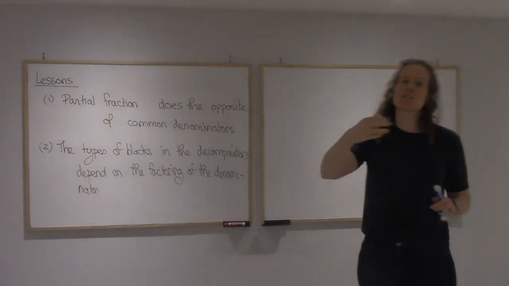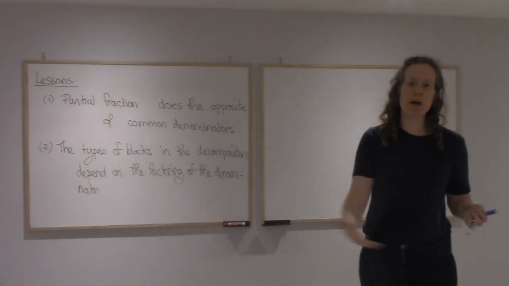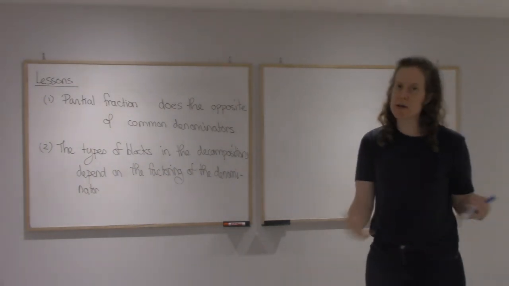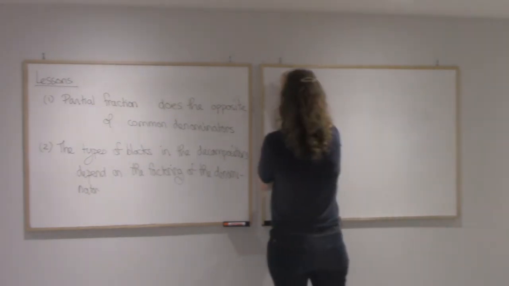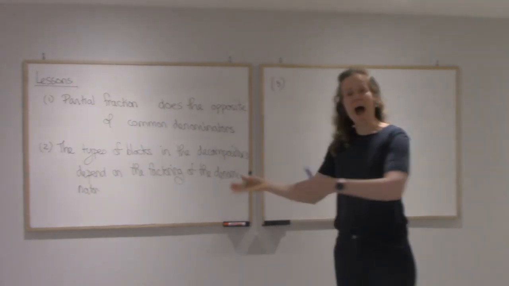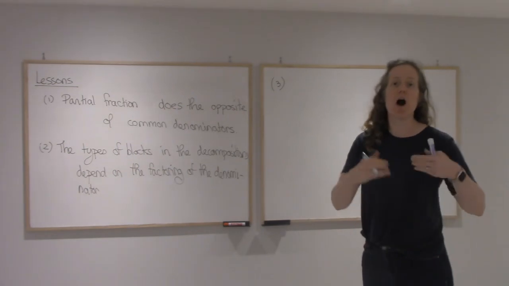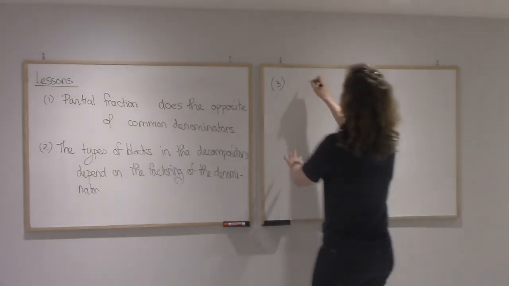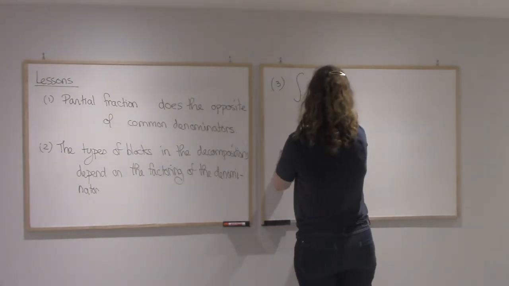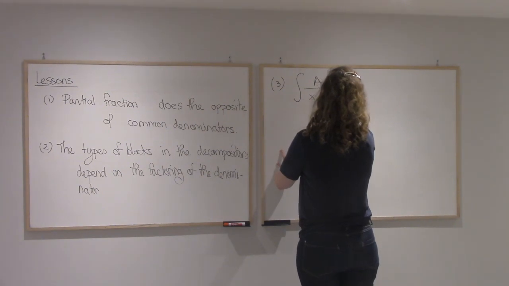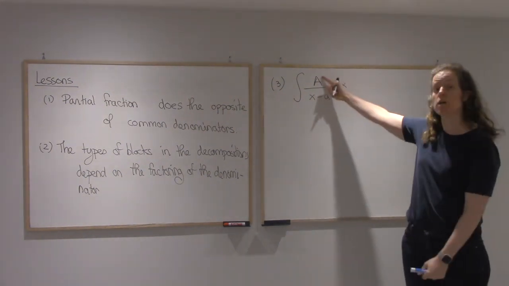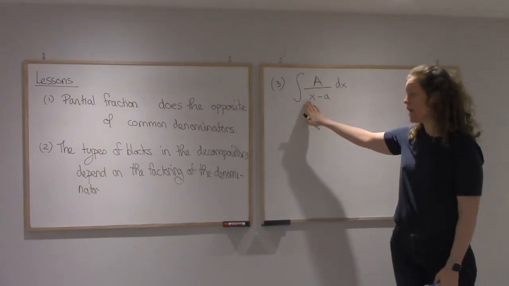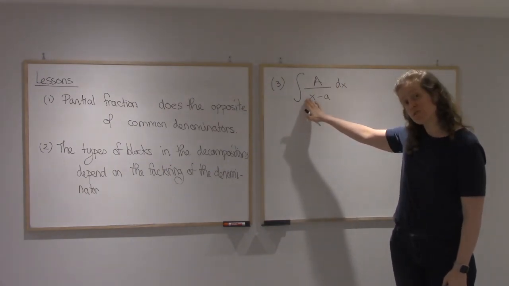The third lesson is more of a trick or a formula that we've done a few times, and there's a point where you don't want to do the substitution every time. After doing partial fractions, you'll often end up with an integral that looks like this. A constant over x minus a, and there's no constant in front of x.